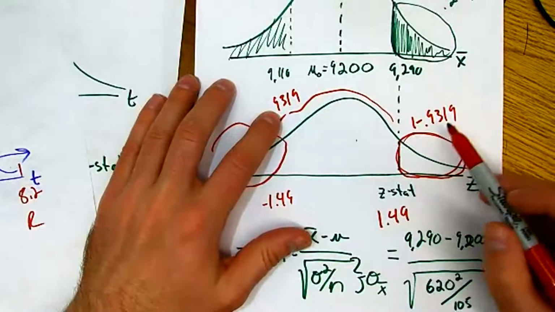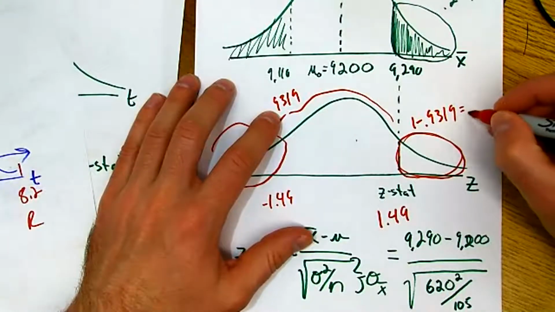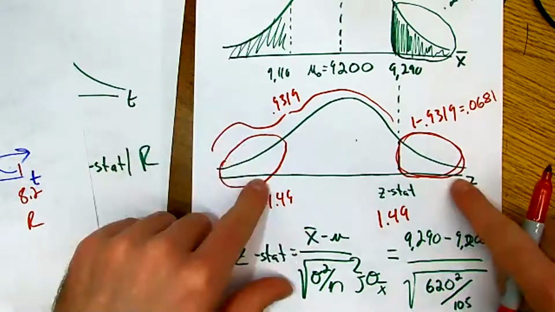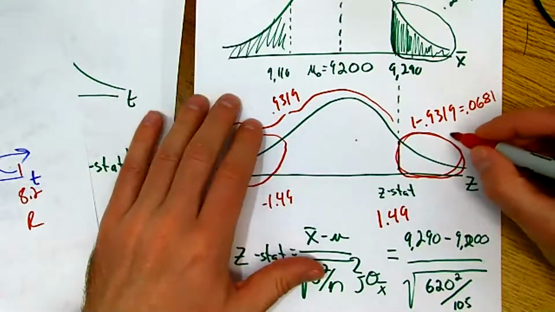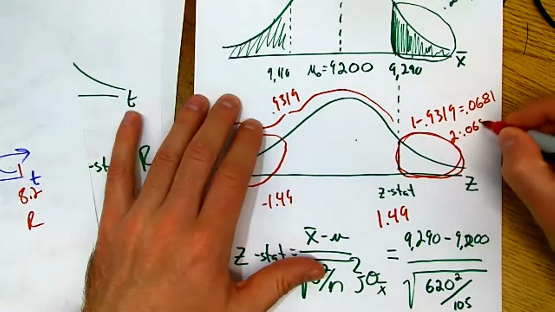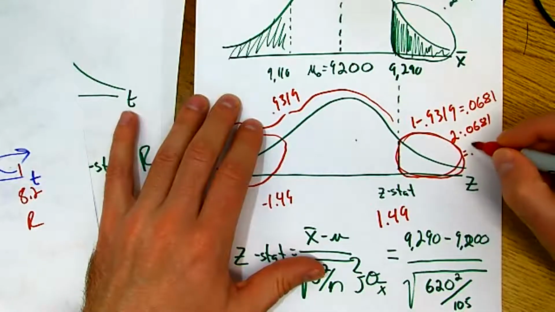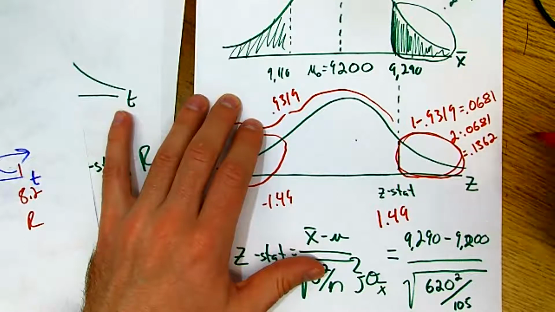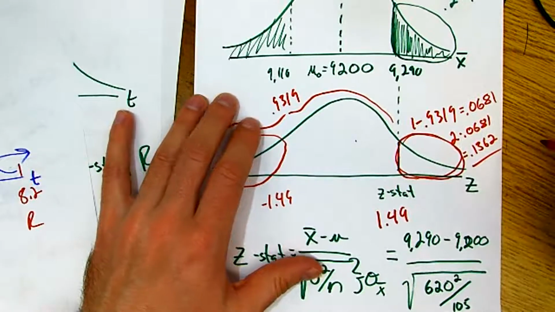I want the area to the right, so I subtract it from 1, so you get 0.0681 here. But it's a two-tailed test, so the last step is to multiply that by 2, 0.1362. So I'm doing math in my head correctly there.